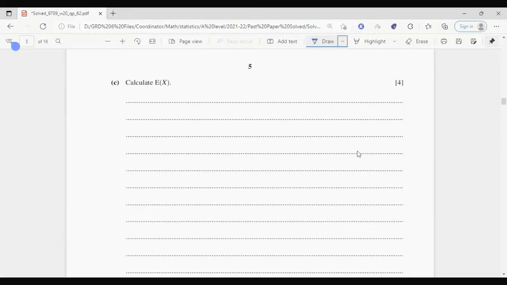expectation of x, we know that expectation of x equals integral x fx dx between the limit minus infinity to positive infinity. But here we don't know the function. So to find the function of the equation of the line, you can use y equals mx plus c.